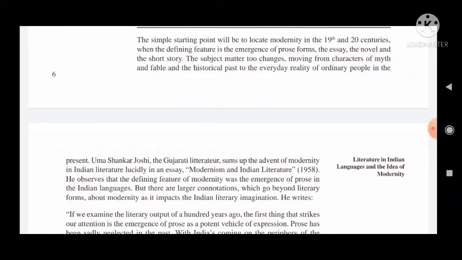The subject matter too changes, moving from characters of myth and fable and the historical past to the everyday reality of ordinary people in the present.